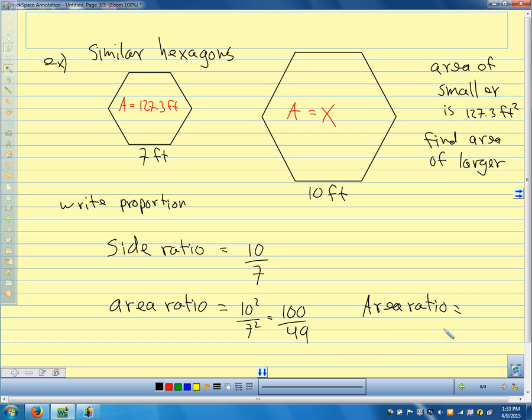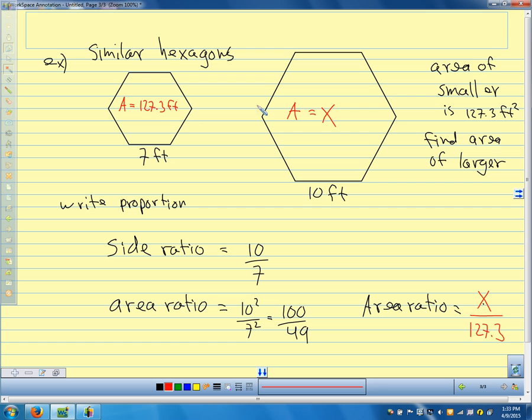What's the area of the big figure? X. What's the area of the small figure? 127.3.